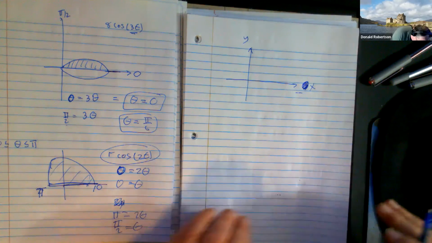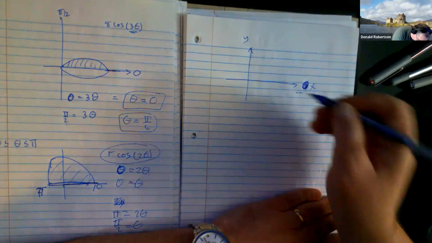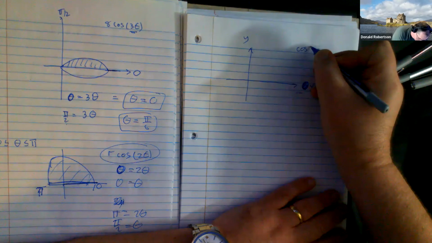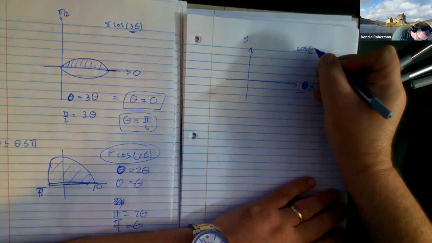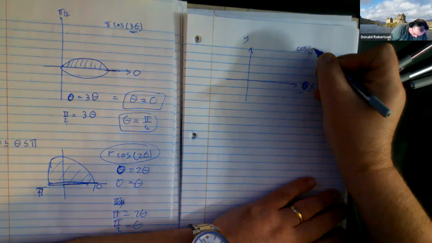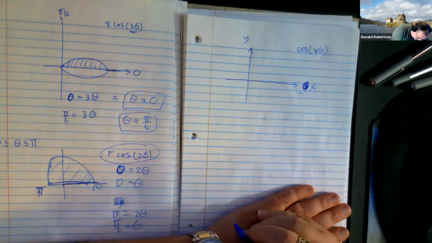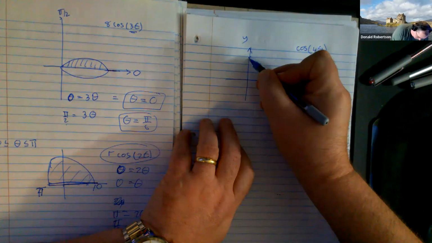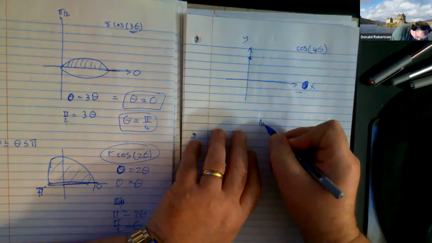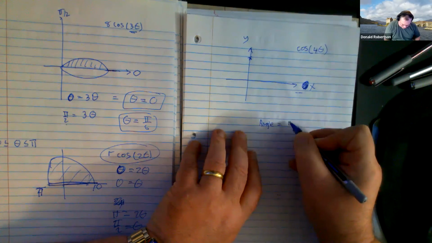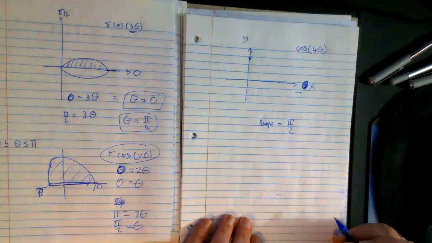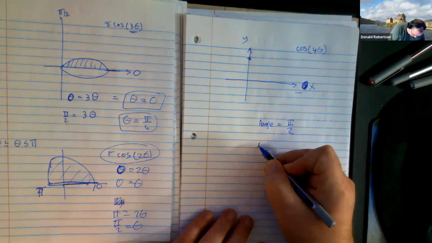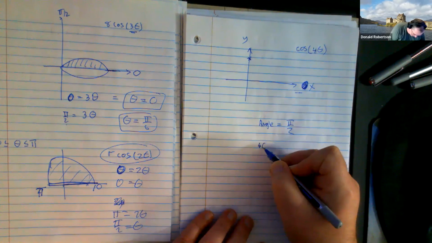Right. Suppose I had a function, and I'm just going to call it 4 theta. To get to the y-axis, won't the angle have to be pi upon 2? Yes. And I know that 4 theta would have to be pi upon 2.